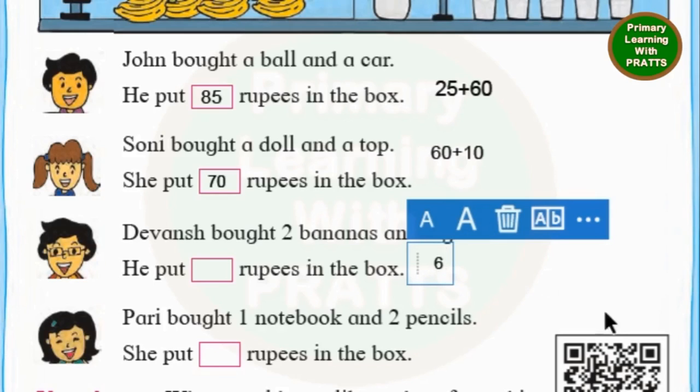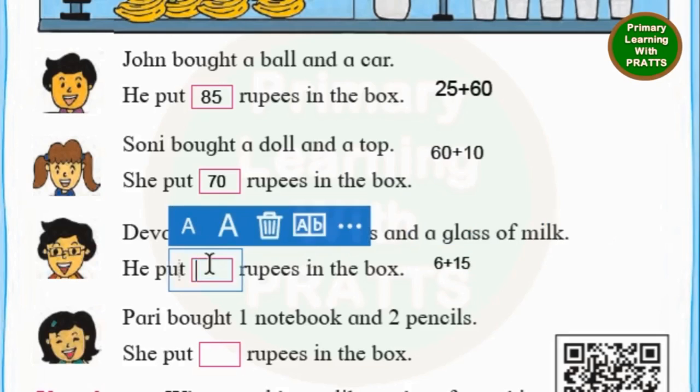A glass of milk is for rupees 15. So we will write 6 plus rupees 15. So 6 plus 15 is 15, 16, 17, 18, 19, 20, 21. So the answer is 21.